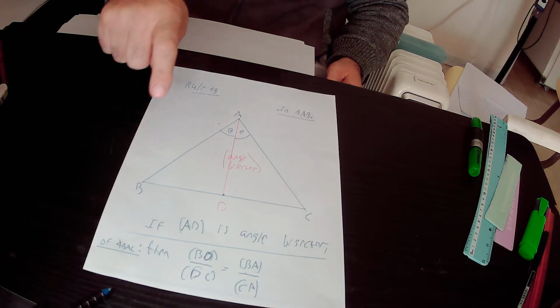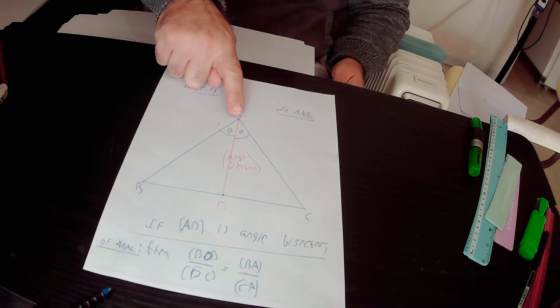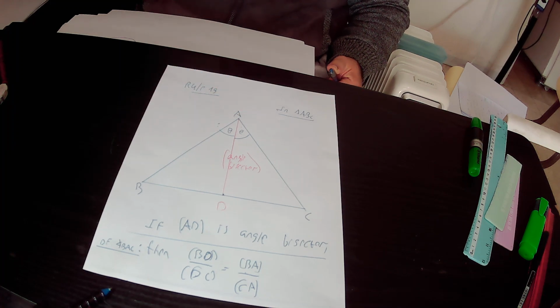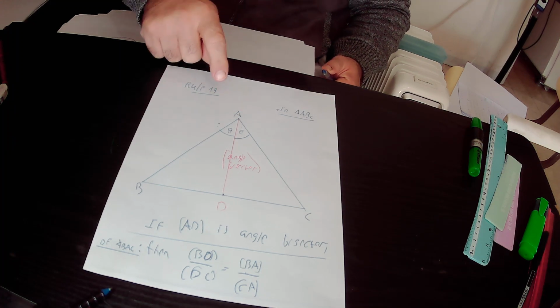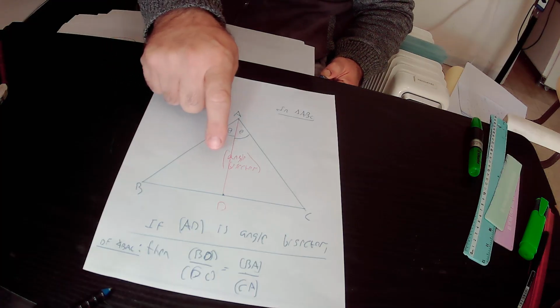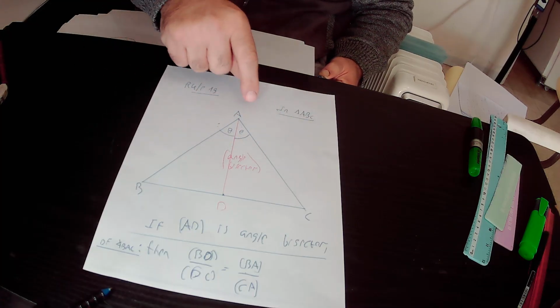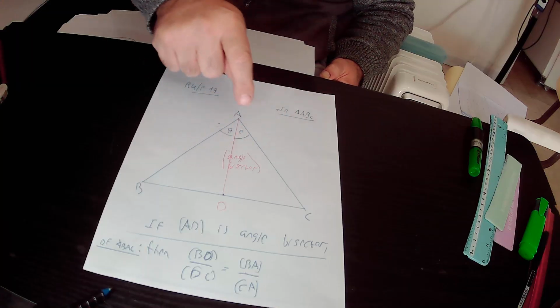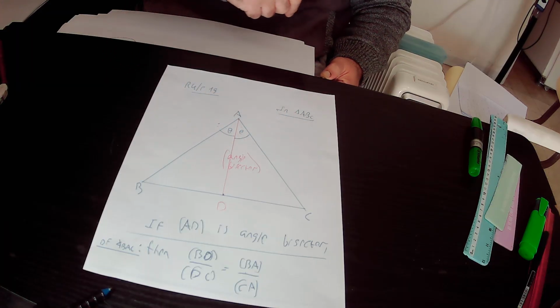Why? Because it divides angle BAC into two halves, each half equal to theta. And because AD is the angle bisector, it divides the sides of triangle ABC proportionally. That is to say, BD over DC equals AB over AC.